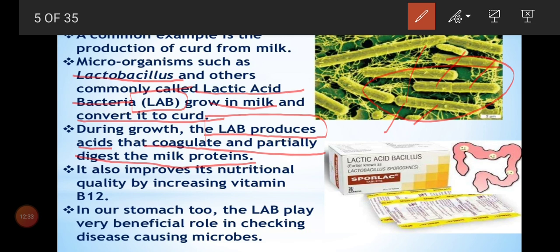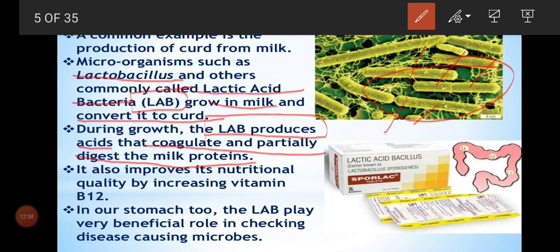If we keep the milk after adding starter culture in the refrigerator, in the chill climate, it won't coagulate and digestion of protein won't be there. So for this conversion, a proper temperature and also anaerobic condition is a must for digestion of milk protein and also formation of curd.